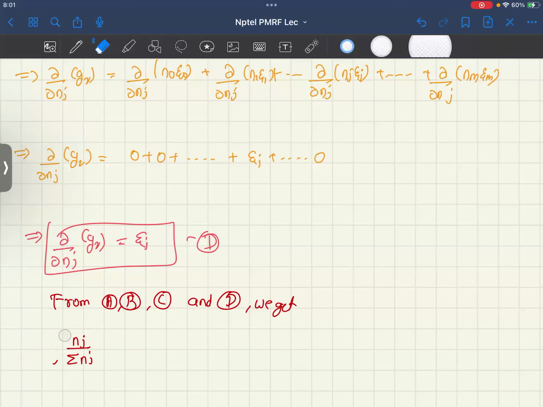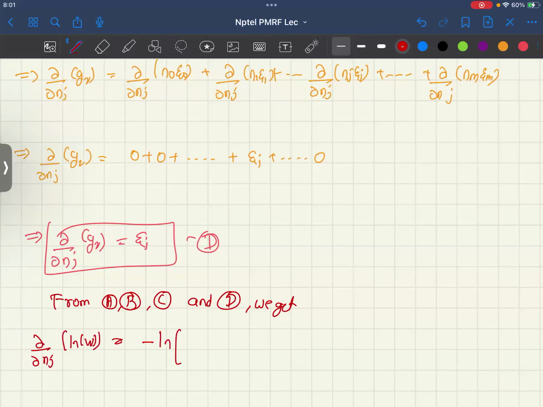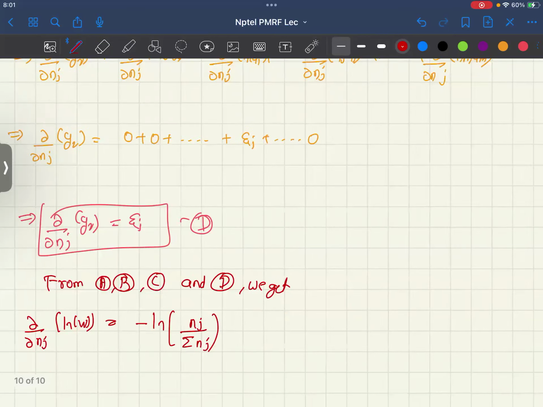Sorry, the final expression would be ∂/∂nj of ln W equals minus ln of nj by summation nj.